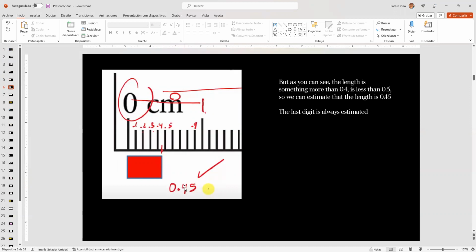Then 0.4 is certain, and 5 is the estimated digit. You will always estimate a digit in your measurements according with the precision of the instrument that you are using. But also you must say the unit. In this case it is centimeter. 0.45 centimeters.